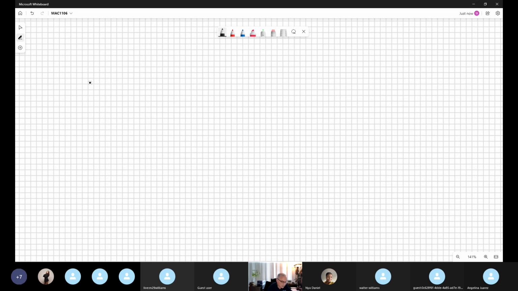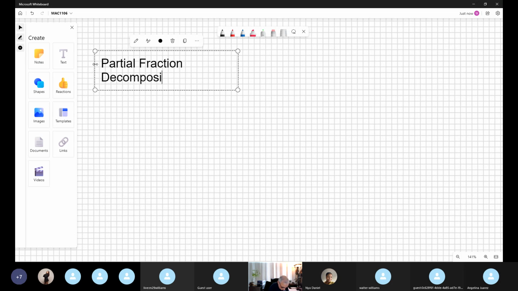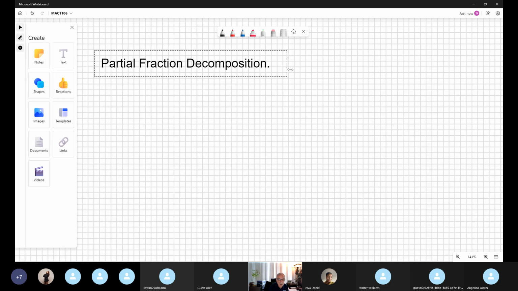Okay, what is the idea? The idea is partial fraction decomposition. Let me put an elegant title. Okay, it's partial fraction decomposition. I want to explain a little what that is.